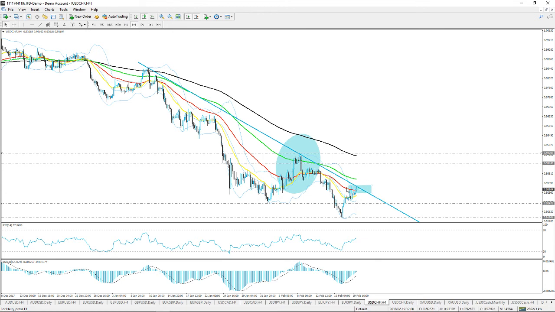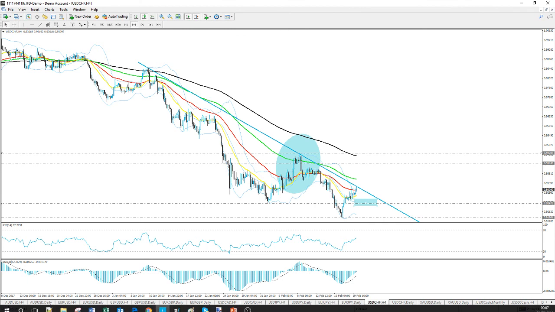Now, if this trend line proves to be quite a strong resistance level, then absolutely a move back towards the 0.92500 area, which is around here, could be a potential move. And again, if that doesn't hold, then definitely a move back to the recent lows of 0.91860 could be something that we would see on this pair.